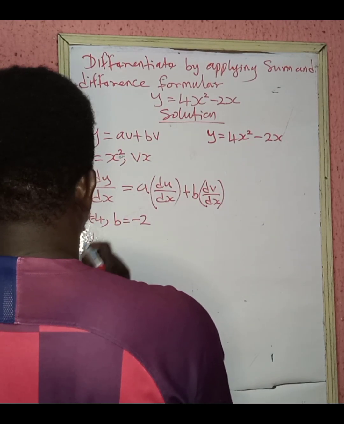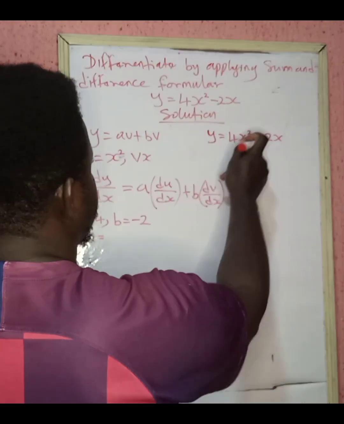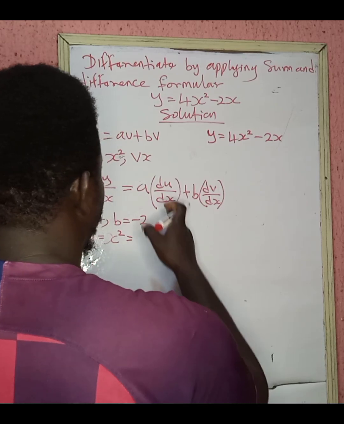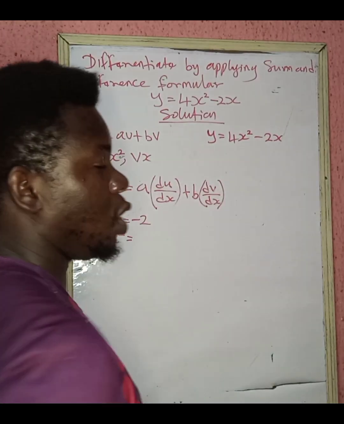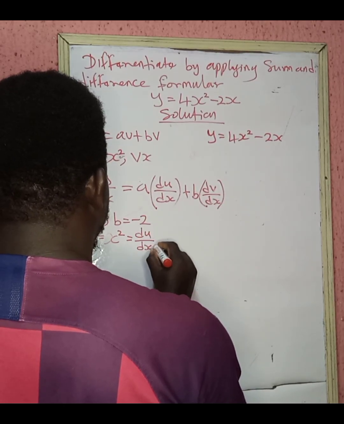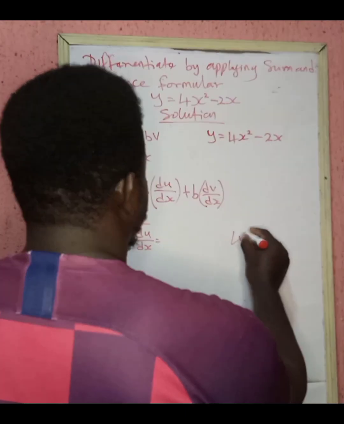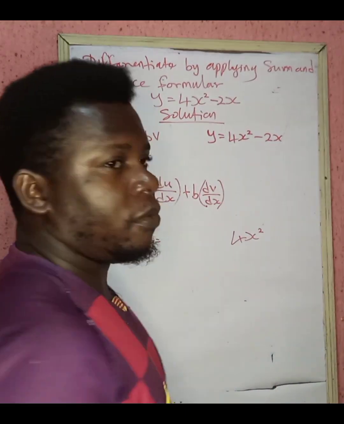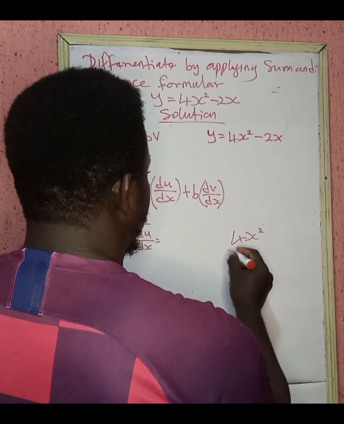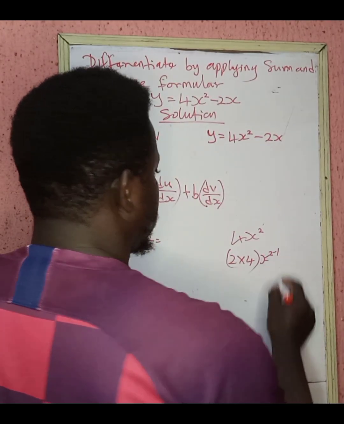Then our u is equal to x squared. Let's solve for du over dx. Remember differentiation: when you have something like this, to differentiate, you multiply by the power, you say 2 times, then you bring down x squared minus 1.